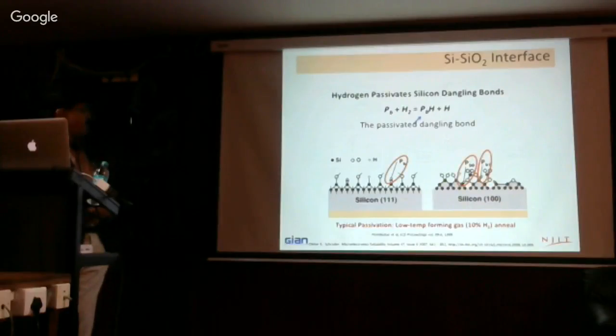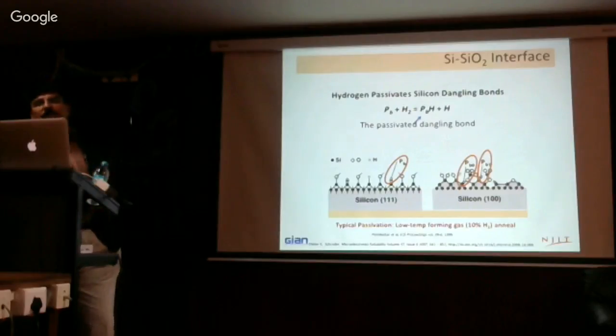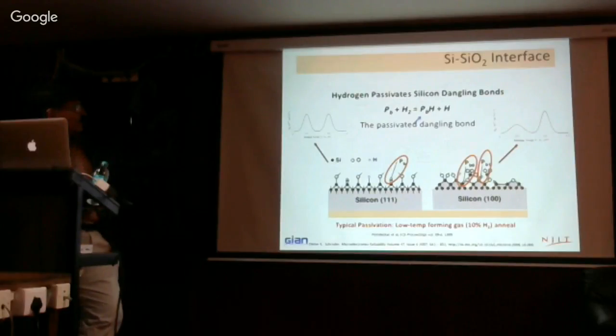In 100 they have Pb0 and Pb1, two different types, which are actually defects that have been identified. And the energy distribution of this 111 plane is somehow like this, this is the DIT and this is the band gap energy. So they will follow something like this. And for the 100 plane, they follow a slightly different energy distribution.